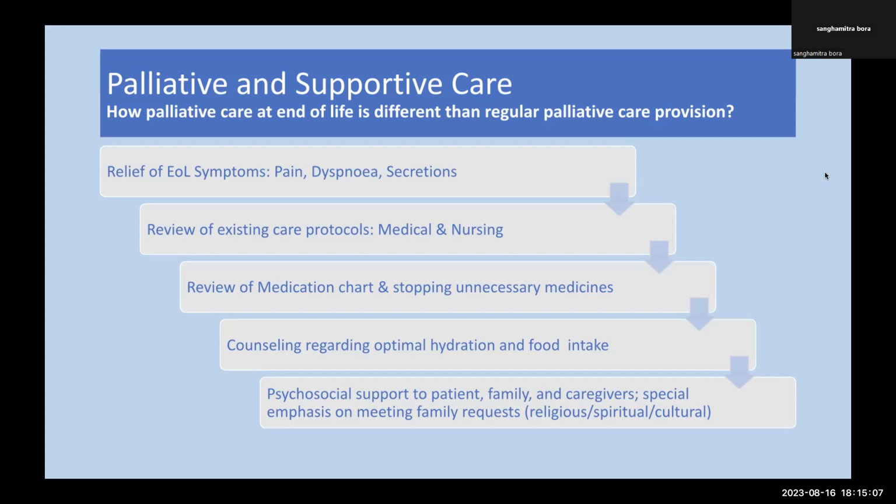Then: reviewing existing care protocols, both medical and nursing; reviewing the medication chart and stopping unnecessary medicines; counseling regarding optimal hydration and food intake; psychosocial support for the patient, family and caregivers. Special emphasis is to be laid on family meetings, and these can be a request from the family itself. It may be a religious, spiritual, or even a cultural meeting.